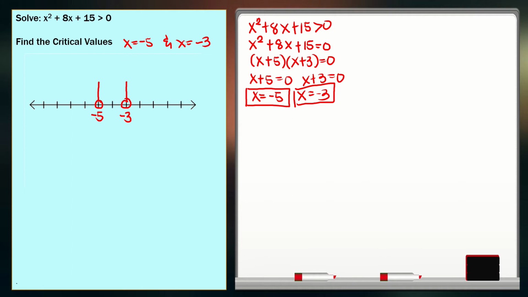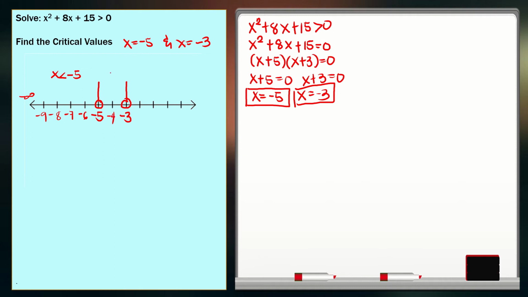If we examine this region, this is negative 6, negative 7, negative 8, negative 9, to negative infinity. So these are numbers less than negative 5. So I will just write here x is less than negative 5. Also, the numbers between these critical values, we have negative 4.